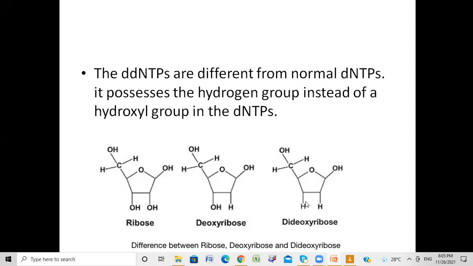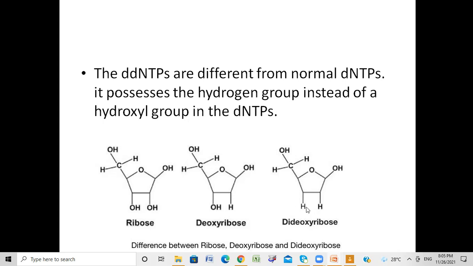Usually the nucleotide with the deoxyribose will join the existing or growing chain of the DNA. Then the phosphodiester bond will be formed between the existing nucleotide and the incoming nucleotide, and the chain will keep on growing.